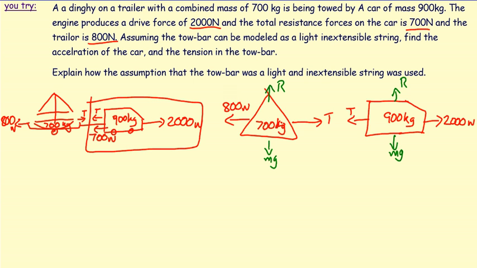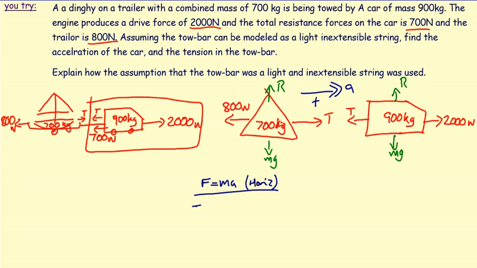Okay, so let's apply F equals ma horizontally to the boat, and we're going to get, now, it's accelerating in this direction. They're both accelerating together, so I'm going to take that as my positive direction.